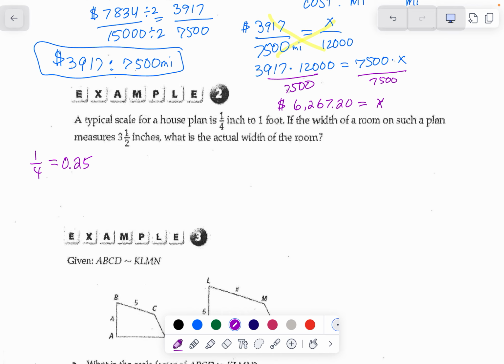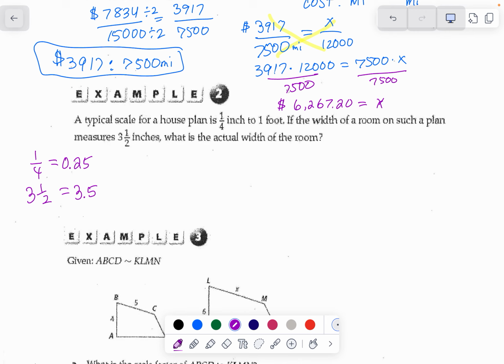Okay, so now let's go to 3.5. We know the decimal for a half is 0.5, right? But this is 3.5, so just throw that 3 in front of the 0.5, okay? So let's use the decimals only because they're really, really nice decimals. And let's set up our scale.